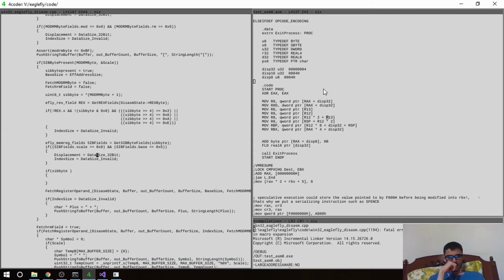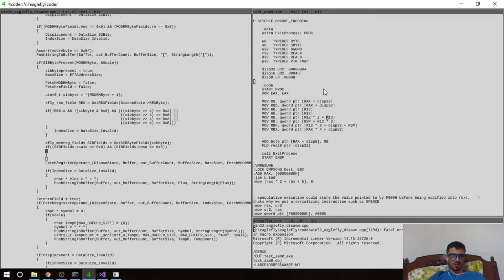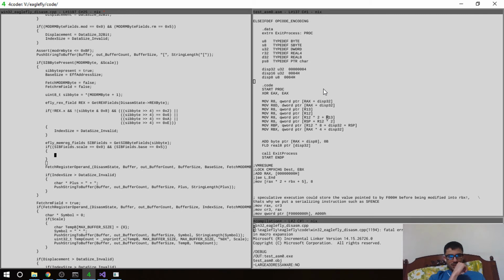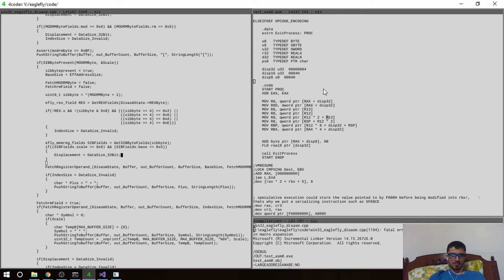So over here we're gonna make the thing, this is not the thing. We are gonna say that the displacement data size is 32-bit, and that's it, isn't it?